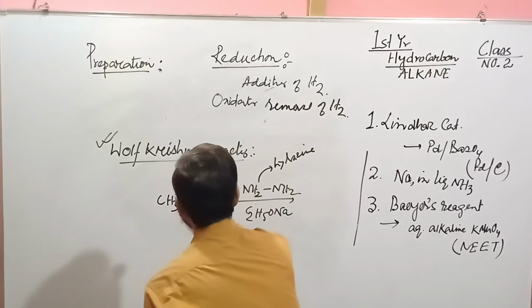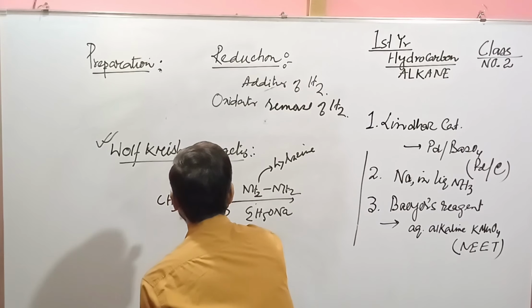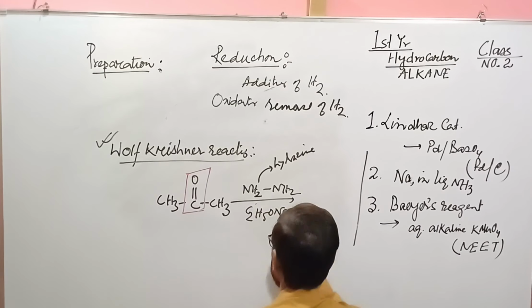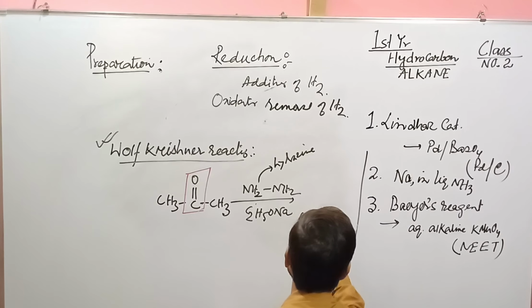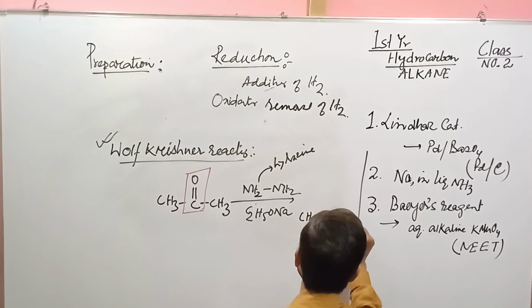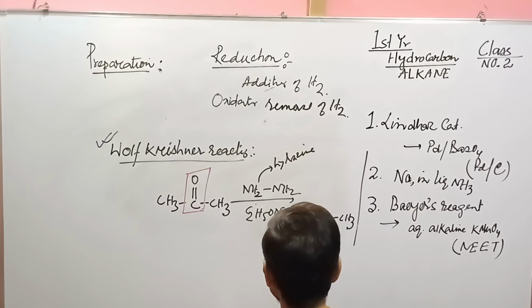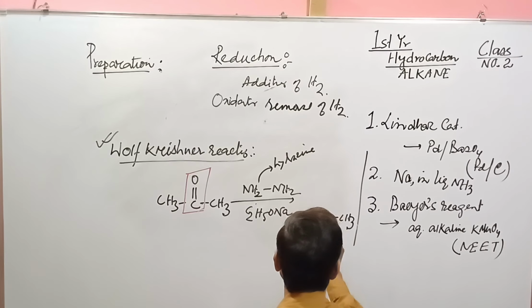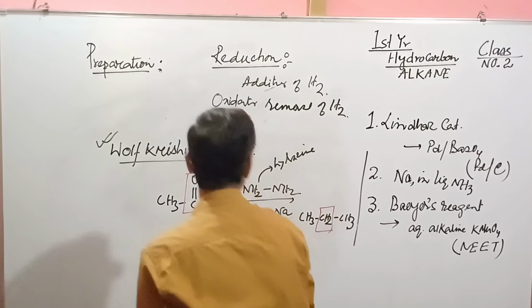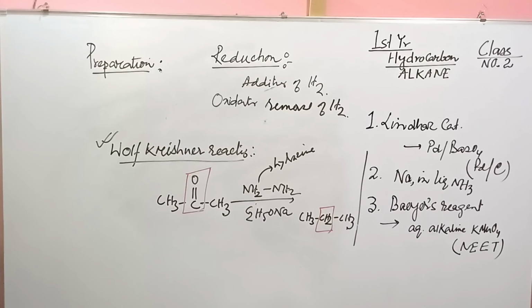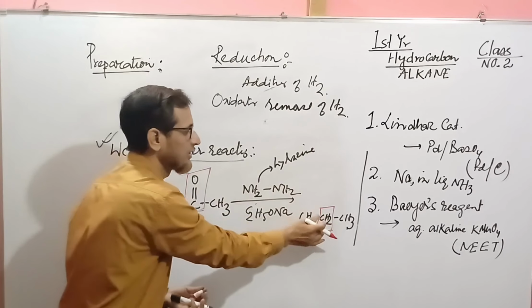The trick is nothing but the change of this CH3, CO, CH3 to CH3, CH2, CH3. Just to see the beauty of chemistry, the CO group has changed to CH2.